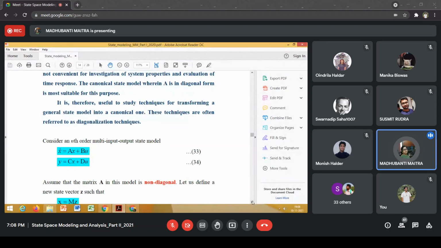So, what can be done? We can obtain the state model of the system using physical variables, and for analysis purpose, not for control purpose, not for design purpose, but for preliminary analysis purpose, if we can convert that state model into a canonical form, then the system matrix will come out to be a diagonal one, and the state equations will become decoupled in nature, and we can perform integration very easily, and we can obtain x(t).